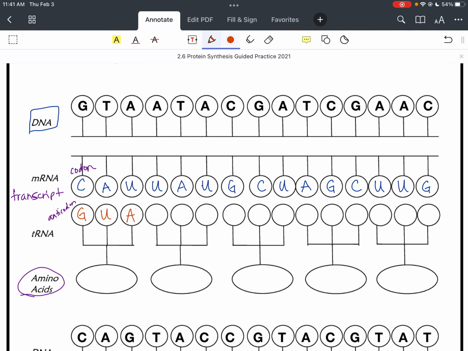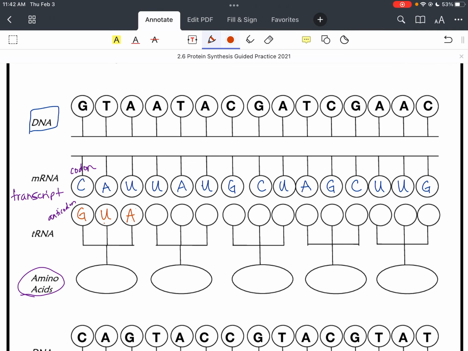Okay, so I have GUA. So now this is the anticodon. The only purpose really for the anticodon is so that it can bind to the codon. So it can attach via those hydrogen bonds to the codon, or the mRNA.